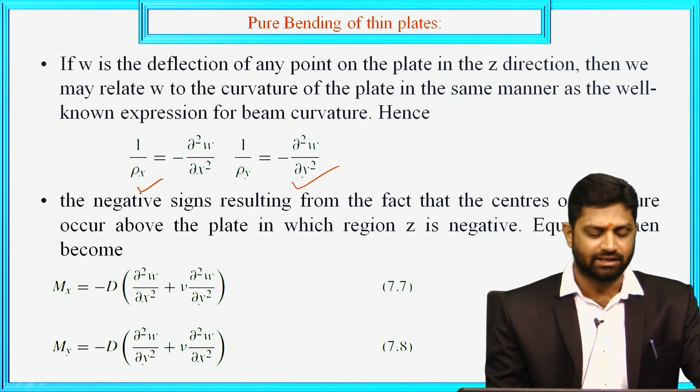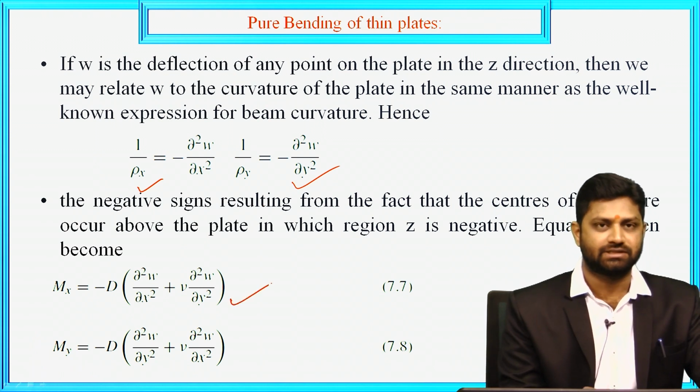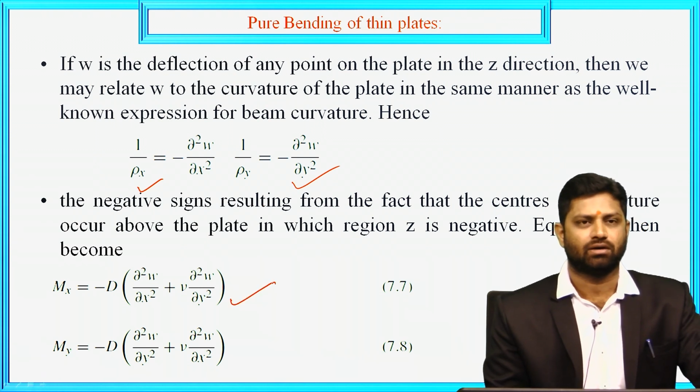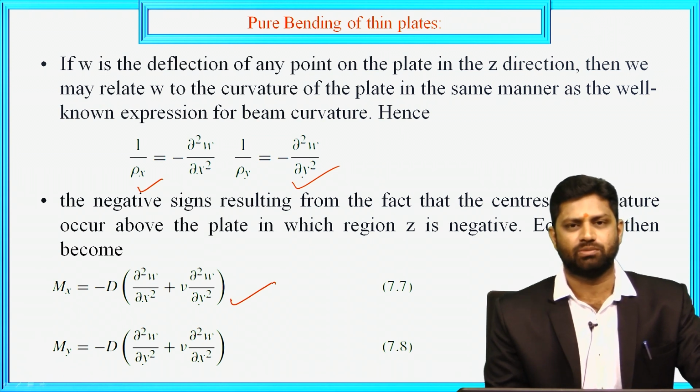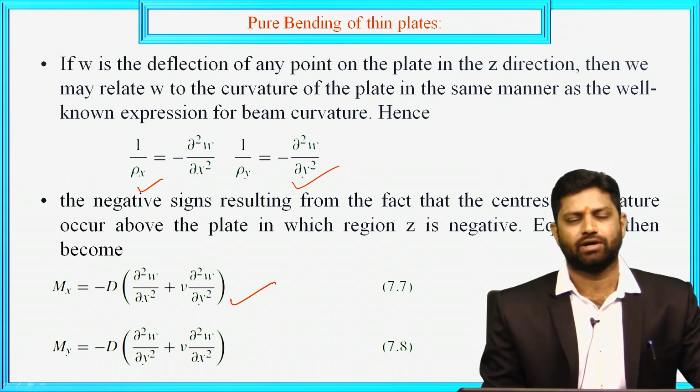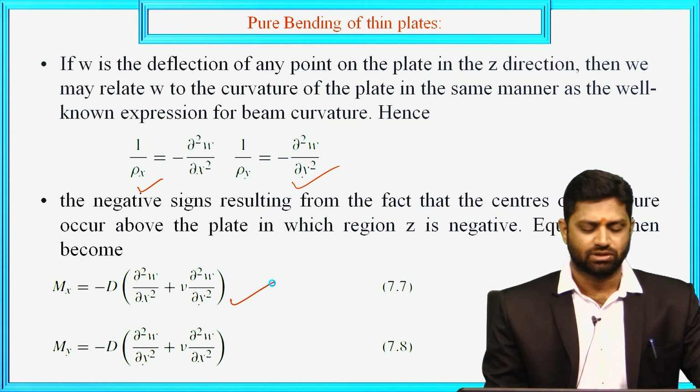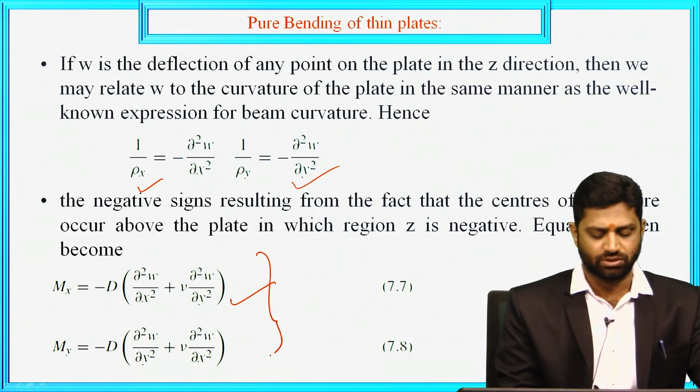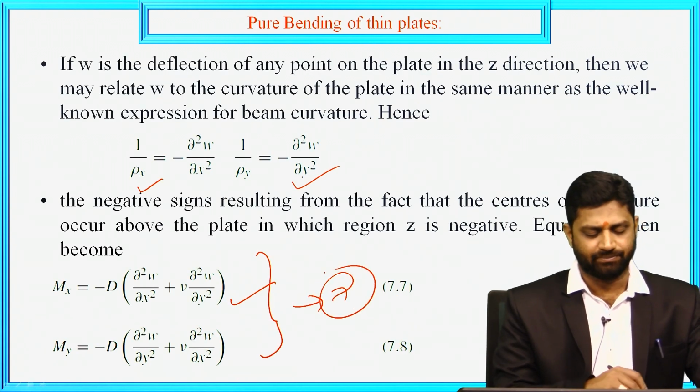So when you rewrite that equation, you are going to get Mx equals minus D of (dou square W by dou x square plus nu into dou square W by dou y square), and for My we are going to get minus D into (dou square W by dou y square plus nu into dou square W by dou x square). You can consider these two equations as equation number 7.